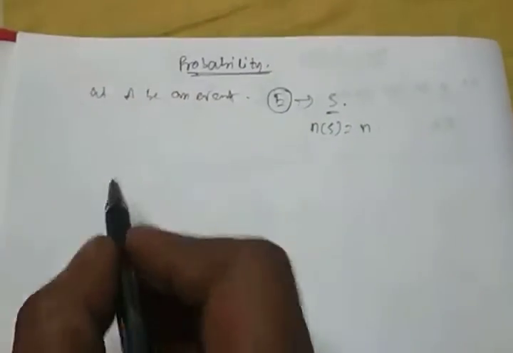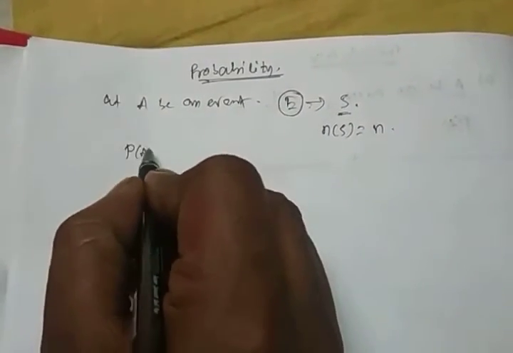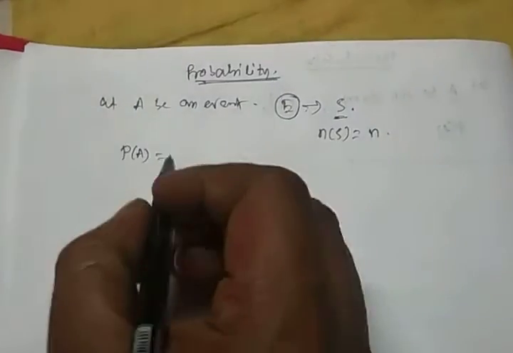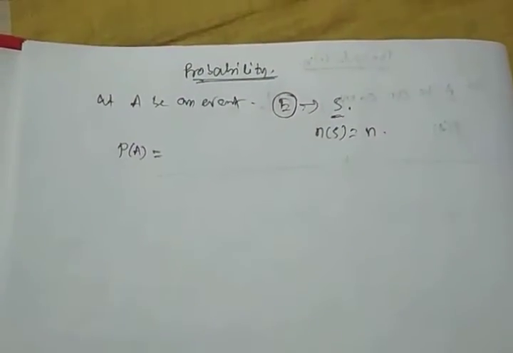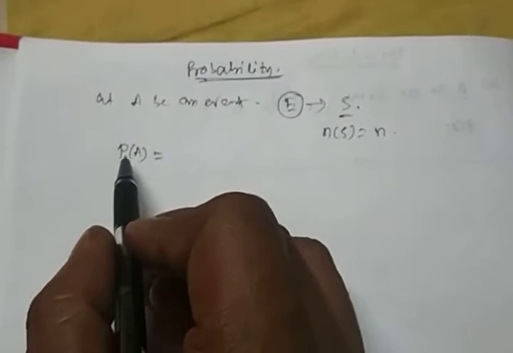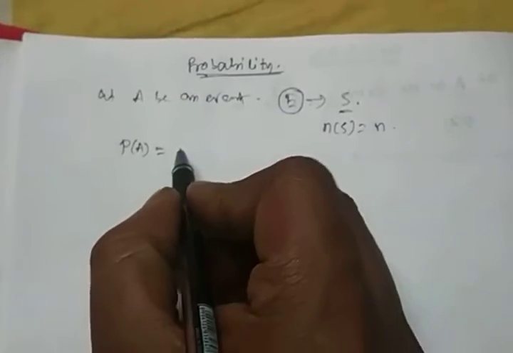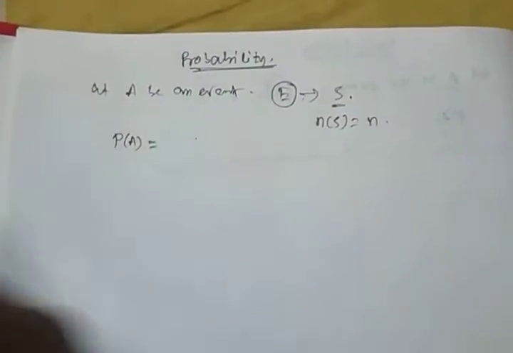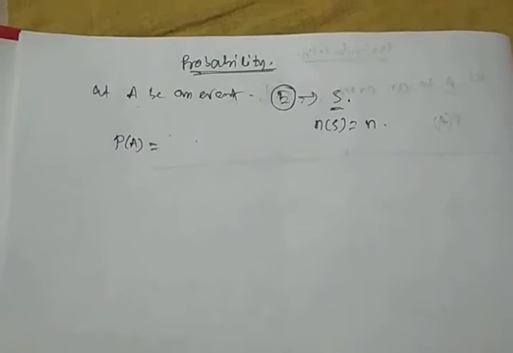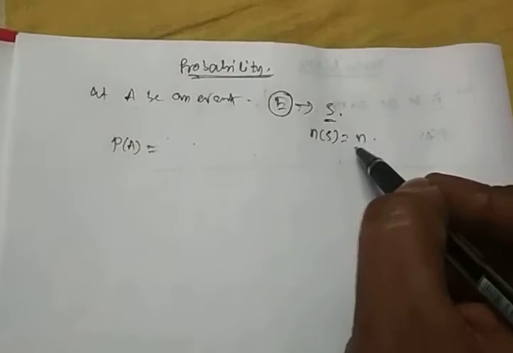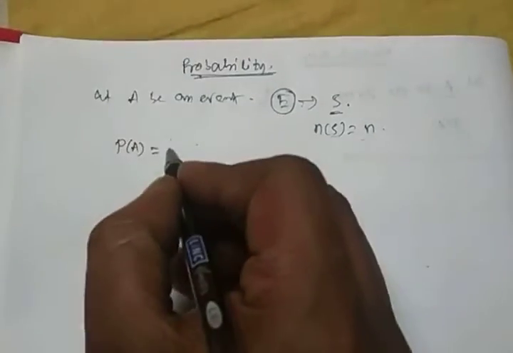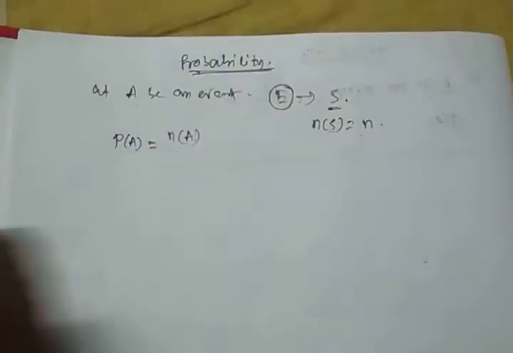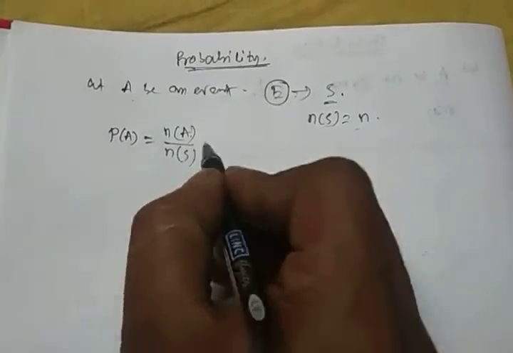Now let A be an event for which we have to find the probability. So the probability of A is denoted by P of A, and the formula to find it is the number of favorable outcomes corresponding to A divided by the number of total outcomes, which is the number of elements in the set S. So number of elements in the set A divided by number of elements in the set S.